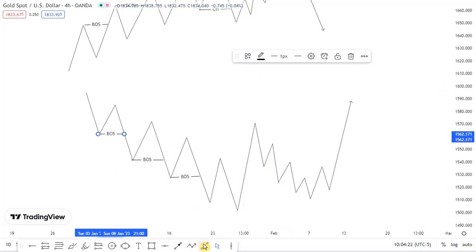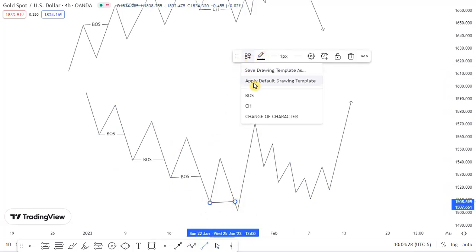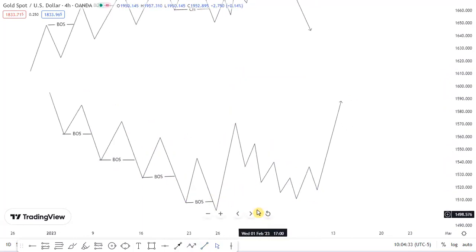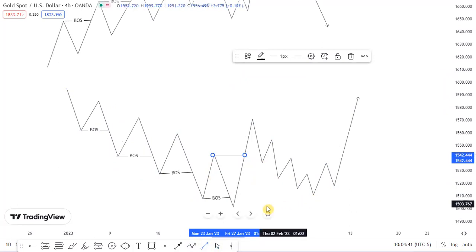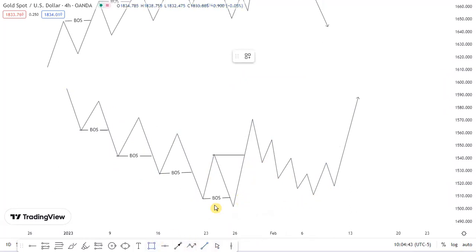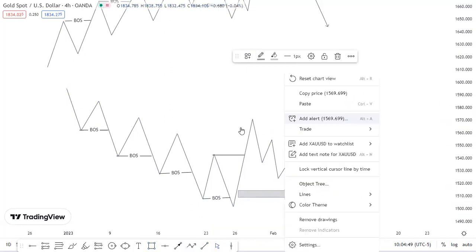and finally here we have our stop hunt slash fake out. And finally here we have a change in character. After the change in character, the market came back to pick a demand zone within this area, and then we bought all the way to the upside.